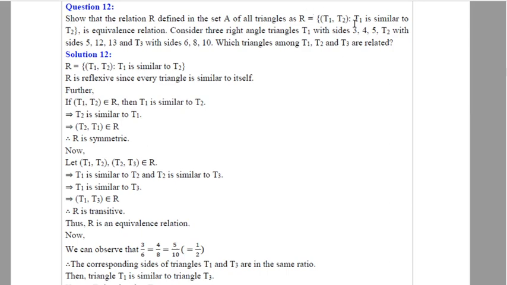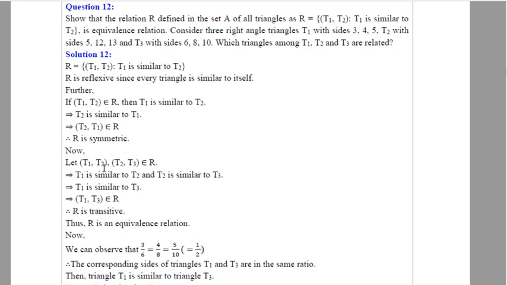If T1 and T2 are similar, suppose we choose (T1, T1): a triangle is always similar to itself, so R is reflexive. If (T1, T2) is given, T1 and T2 are similar, so T2 and T1 are also similar. Hence R is symmetric.